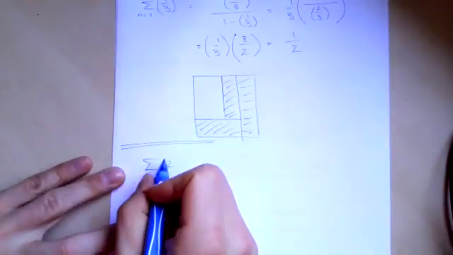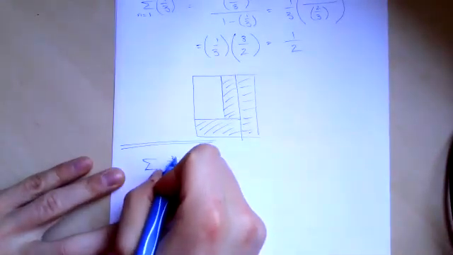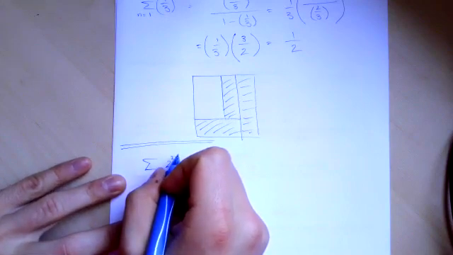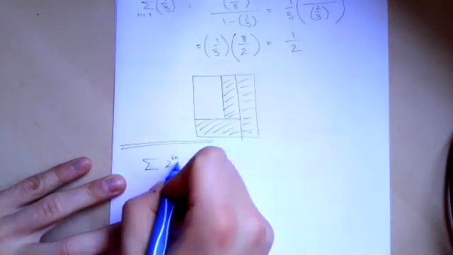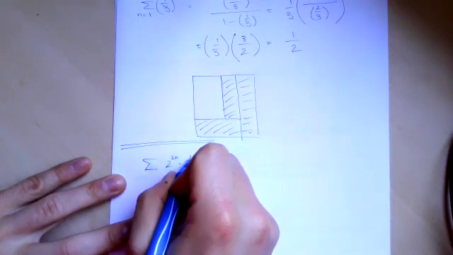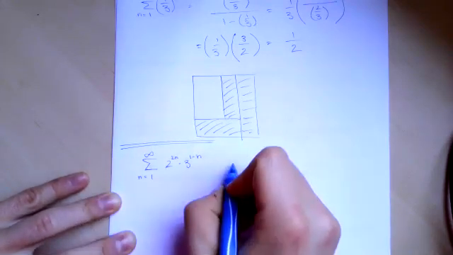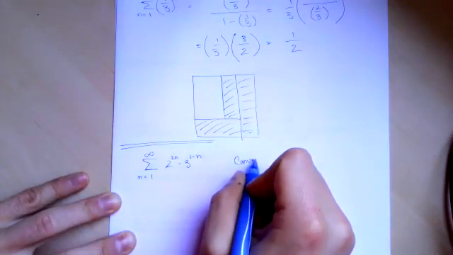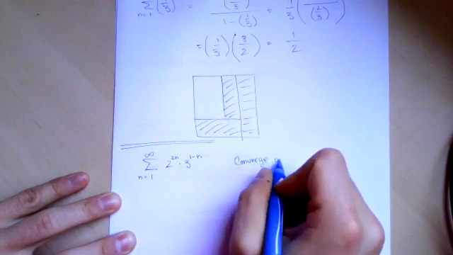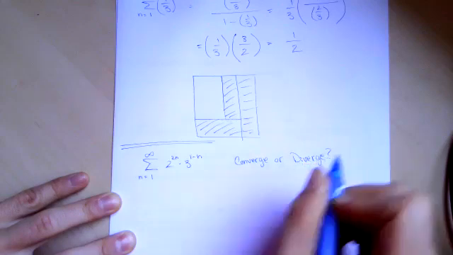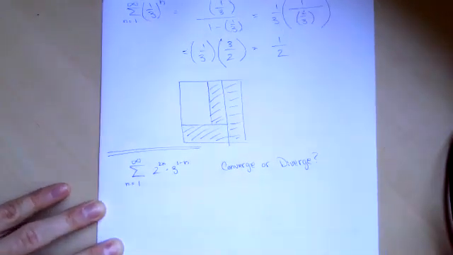And the way we can throw these at you, it's really just a test of, do you remember all the algebra for exponential functions? So we've got 2^(2n) times 3^(1-n). And the question is, converge or diverge? And if it converges, let's find the limit.